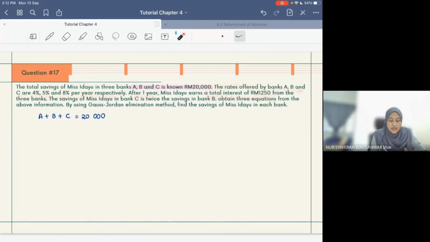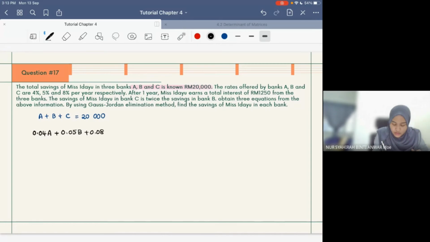So, bila kita darabkan this percent dengan apa yang dia save, kita akan dapat total interest dia lah. So, kat sini sebenarnya merujuk kepada 0.04, 4 over 100 adalah 0.04 of bank A tambah dengan 0.05 of bank B plus 0.08 of bank C. Saving dia adalah 1250. Ni adalah dia punya interest lah yang dia ada.